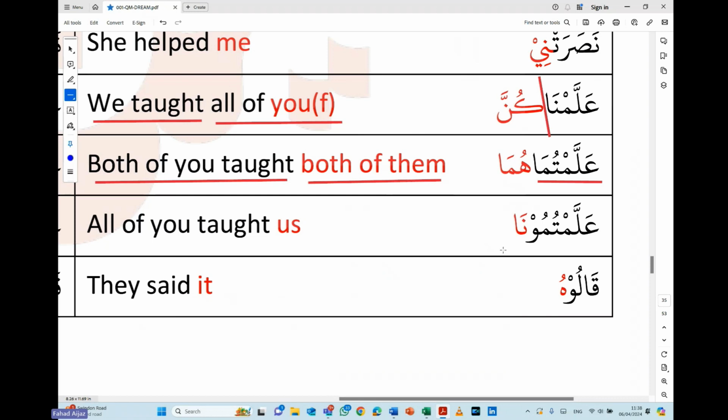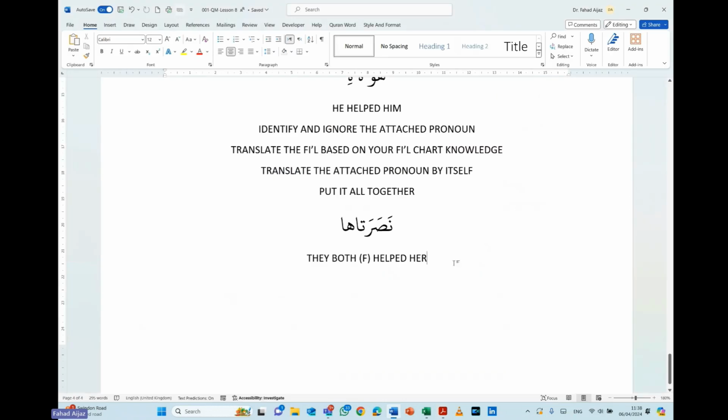allamtumuna. So basically what's happening here is this. The fi'l is allamtum, okay? The fi'l is allamtum, so you all taught.